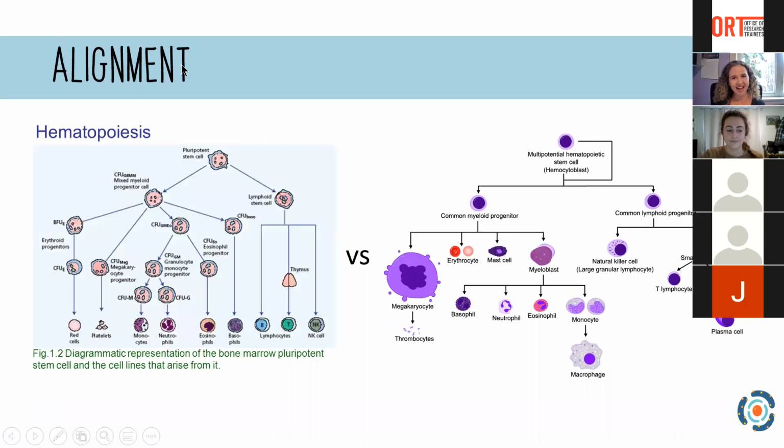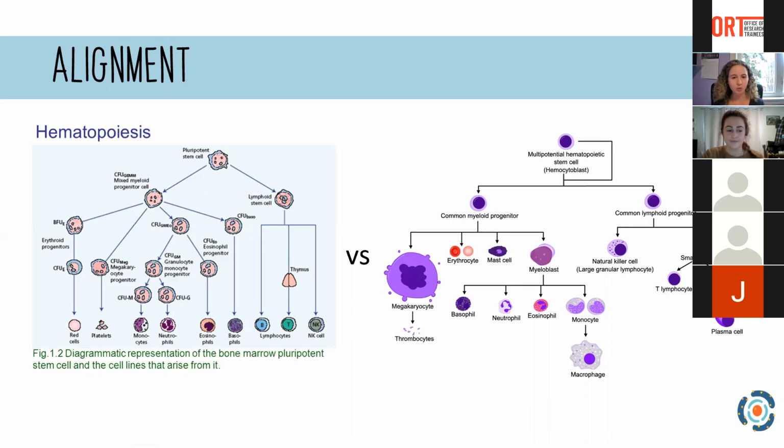And to illustrate alignment, we have here 2 illustrations of hematopoiesis, or the differentiation of blood cells. And you can see that in the image on the left, the cells aren't aligned horizontally, making it kind of challenging to get your bearings.